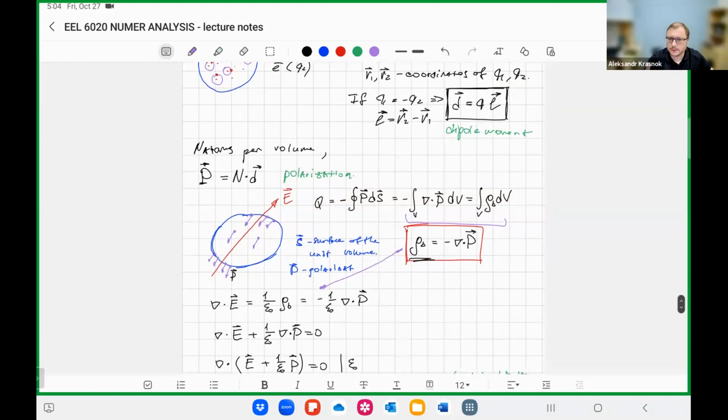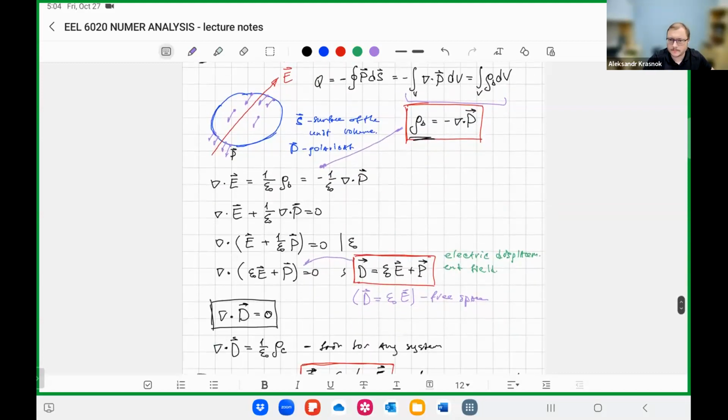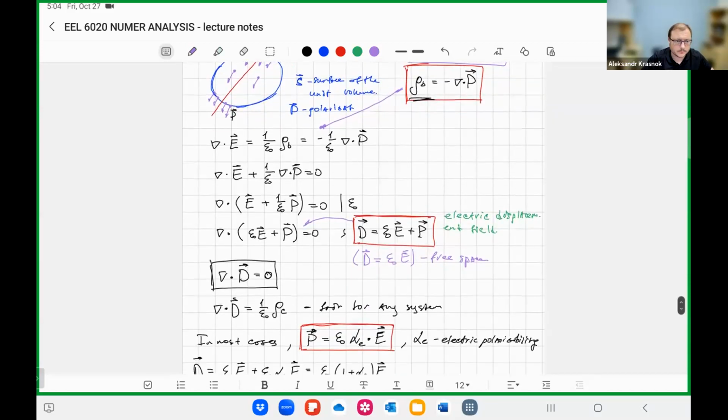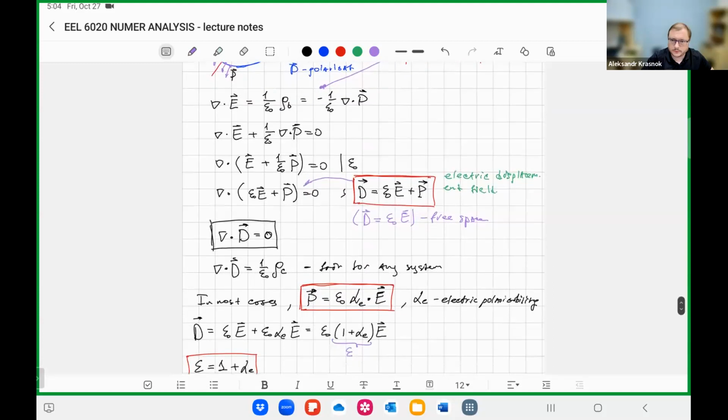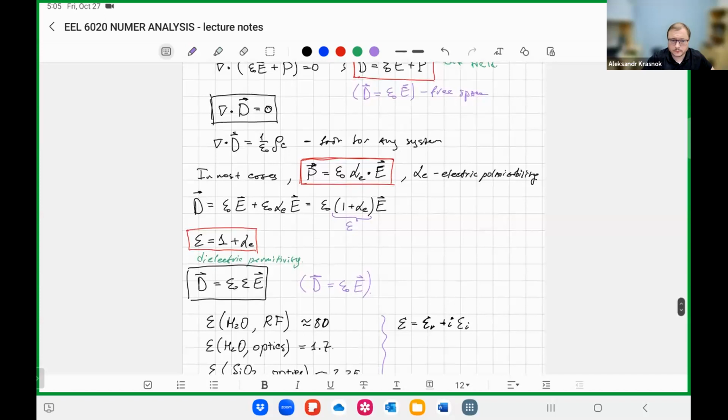And of course, if the field changes in time, the polarization vector also changes in time, and this is the source of the polarization current in the material. These polarization effects are described by the dielectric permittivity, which is a function of frequency, of course.